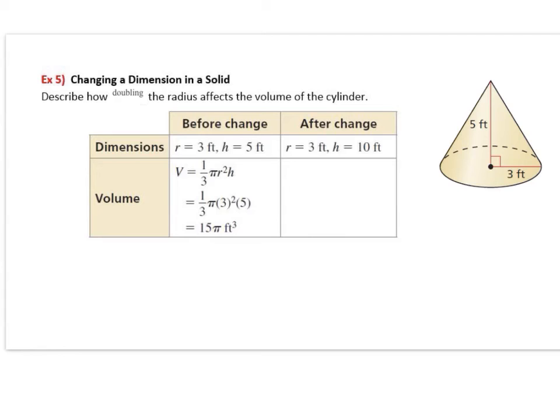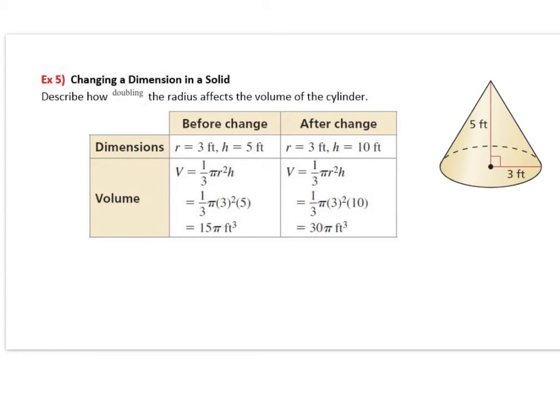So after the change, we get a radius still of 3 feet. That didn't change, only the height, only one dimension changed, and it changed to 10. We doubled the original, which is 5, to get the new, which is 10. Plug it into our formula, so 1/3 pi times the radius, 3, squared, times the new height, 10.